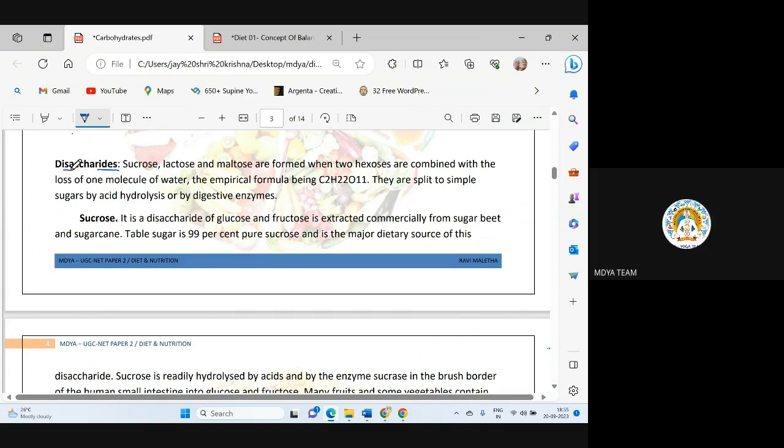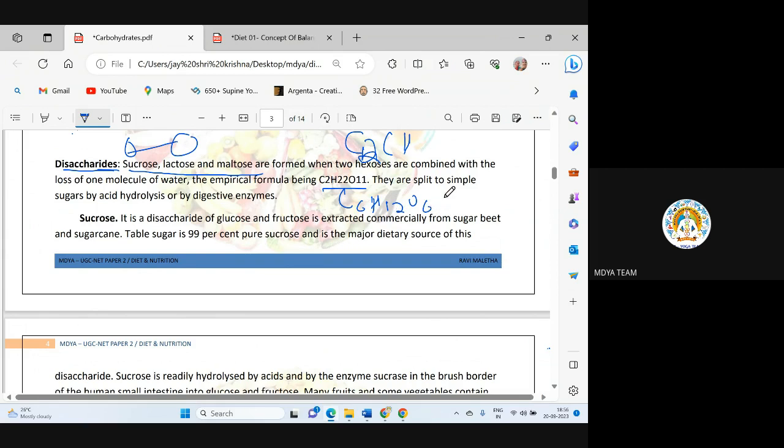Okay. So disaccharides are none other than two monosaccharides that are linked by a bond. Examples of disaccharides are sucrose, lactose, and maltose. These are famous disaccharides. So when two monosaccharides are linked with a bond, they are known as disaccharides. They have the empirical formula C12H22O11, like C6H12O6, which is the formula of a monosaccharide.